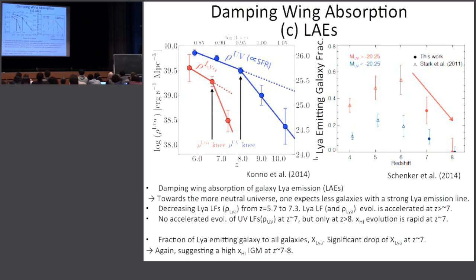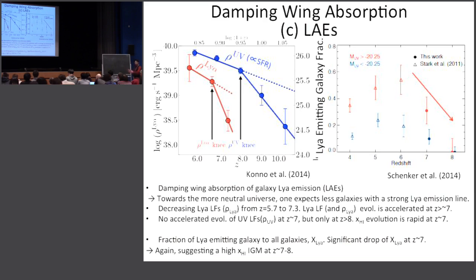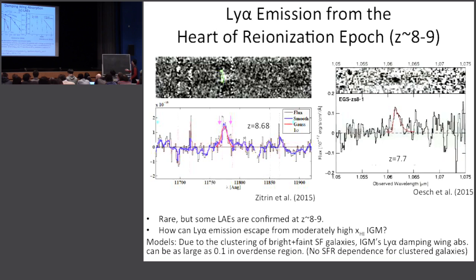It's great. But if you look at this fraction beyond redshift 7, it's dropping towards redshift 8. So this is another piece of evidence that there is probably a significant increase of the neutral hydrogen of the IGM beyond redshift 6.